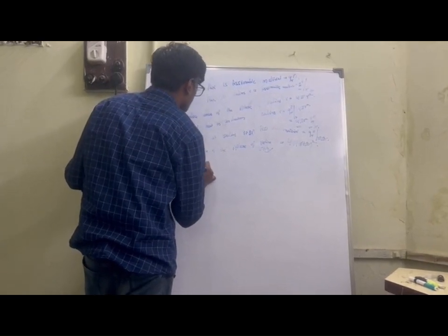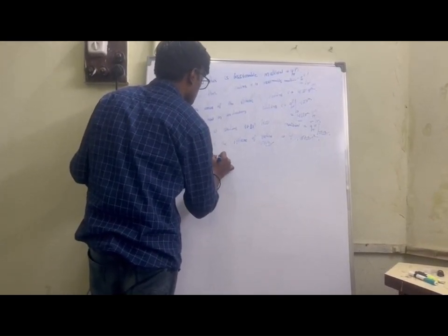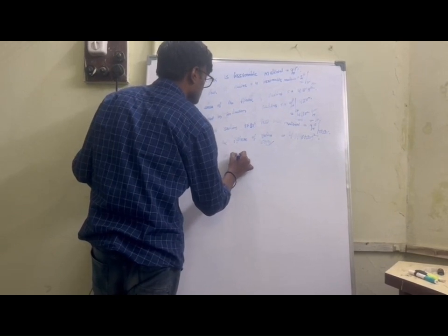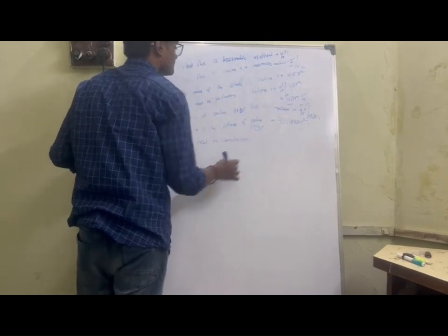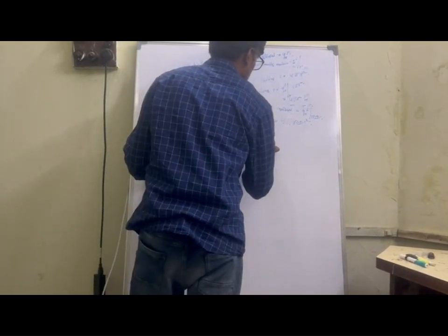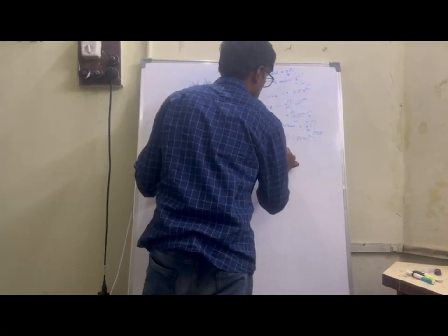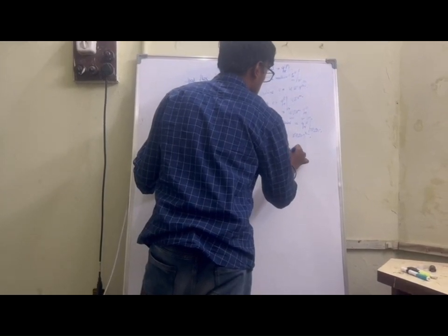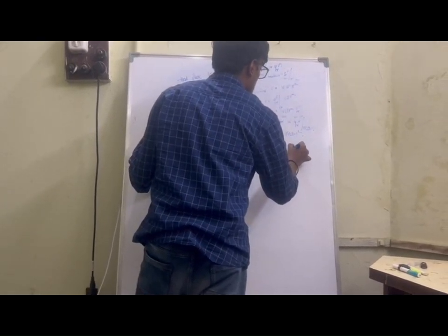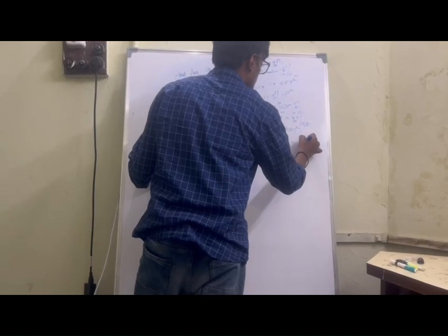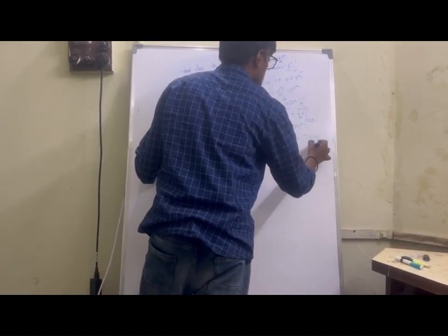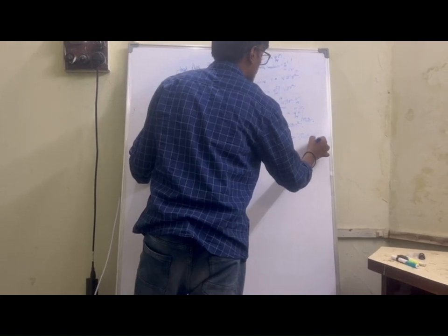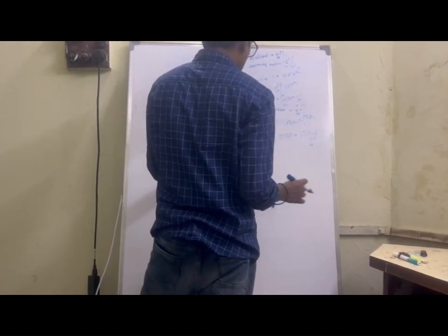Now the rate of heat conduction at radius r plus delta r is equal to 4 pi (r plus delta r) whole square times QRF at r plus delta r.